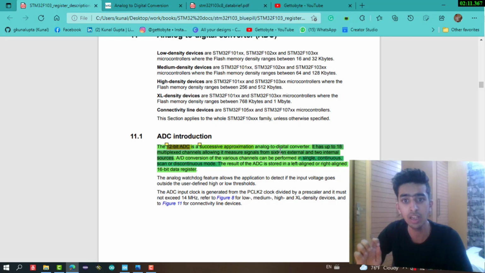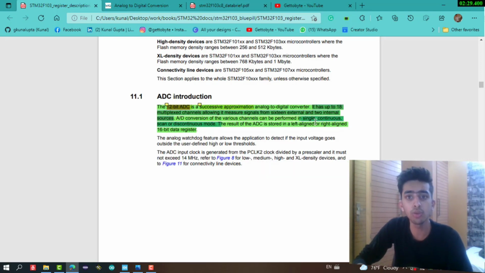Like we can interface up to 16 external ADC sensors or potentiometers to our STM32 F103, and it has 2 internal ADC channels which are for the temperature sensor. The analog to digital converter also performs in single, continuous, scan or discontinuous mode. These are the types of modes and features which are present in STM32 F103 microcontrollers.